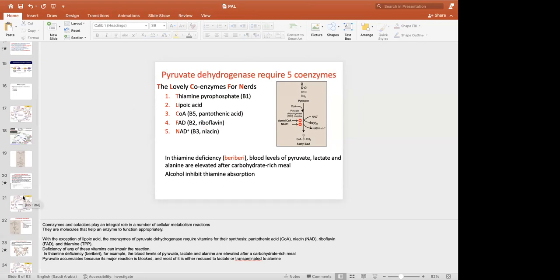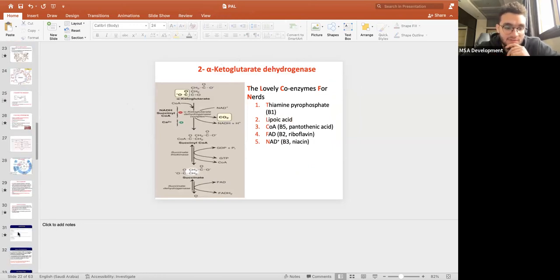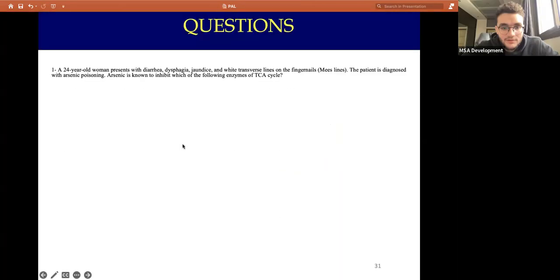Alpha-ketoglutarate dehydrogenase. Yes. So because you inhibit lipoic acid, pyruvate dehydrogenase and alpha-ketoglutarate dehydrogenase are inhibited as well. Makes sense? Thank you. You're welcome.